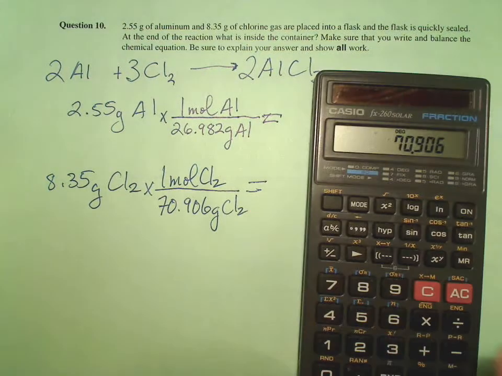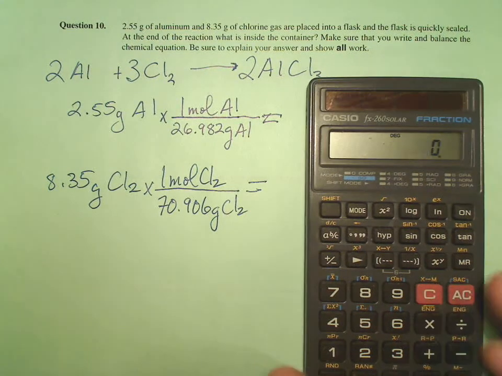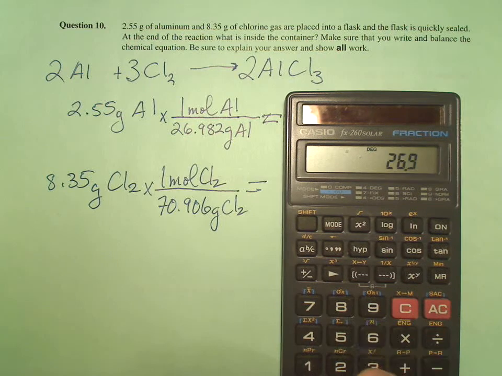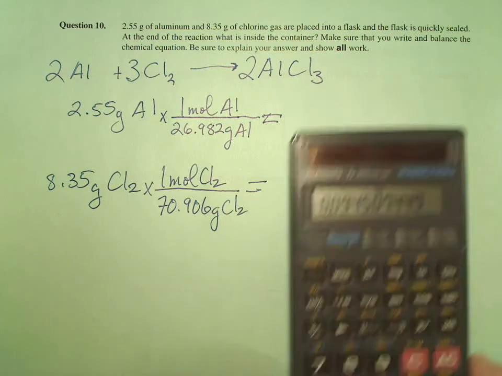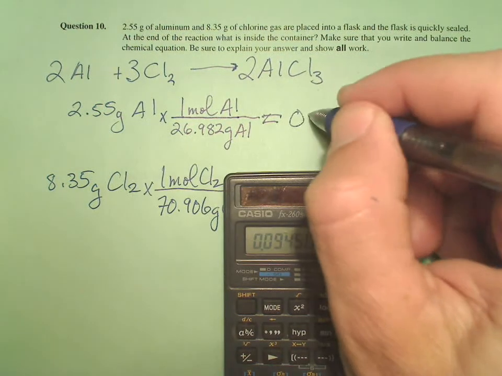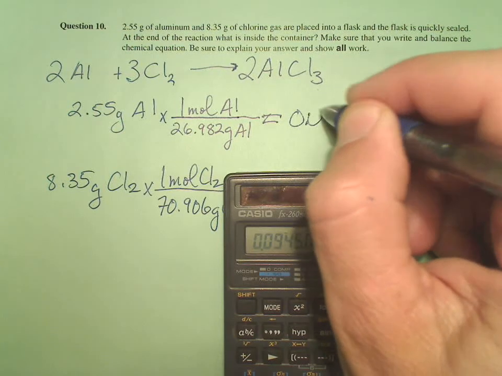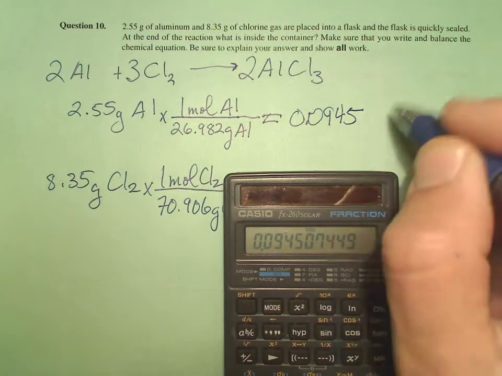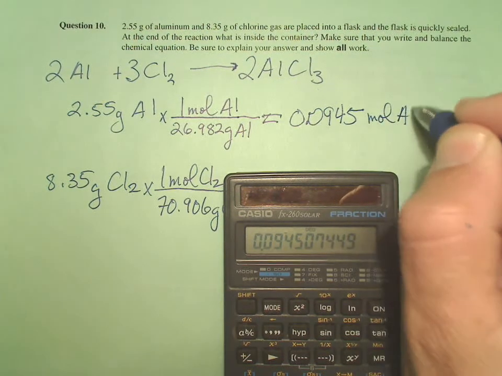So let's quickly do these calculations. 2.55 divided by 26.982 equals 0.0945 moles of aluminum.